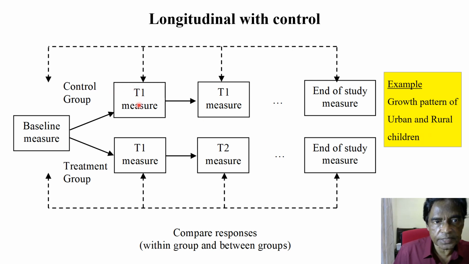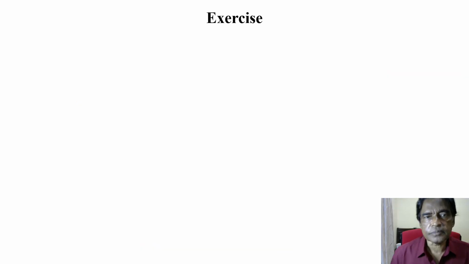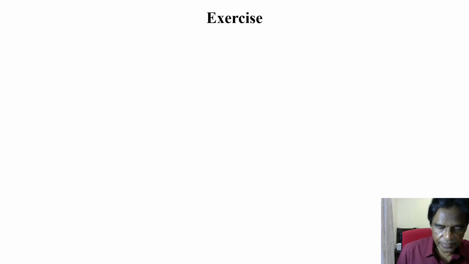Let's say now this is 1 year, right? 2 years, and so on. Or adolescents, 12 years, 13 years, and so on. But we have comparison between 2 groups, urban and rural. It can be treatment or control. Right? All right. That's all for today.